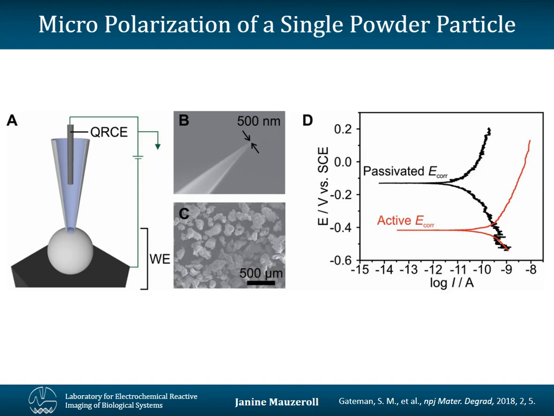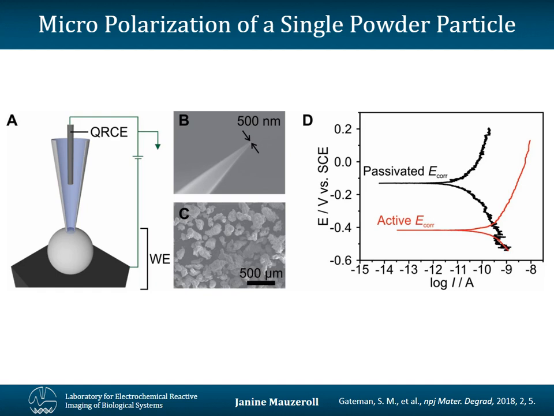In the end, we had to analyze single particles that were used in the HVOF process using the same type of methodology that I described for the batteries, where we just approached a pipette and carried out local PDP curves.